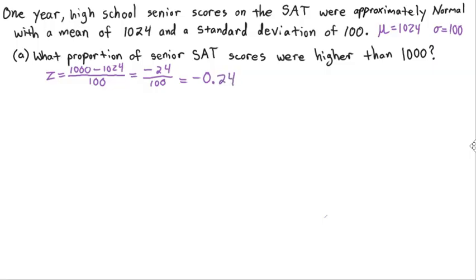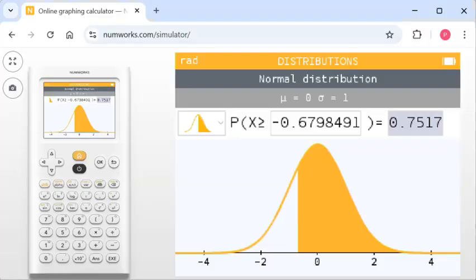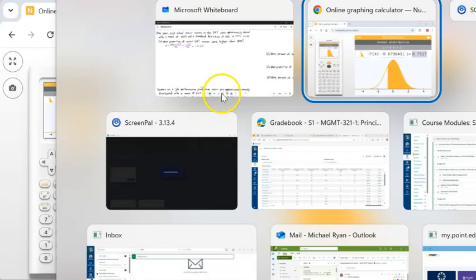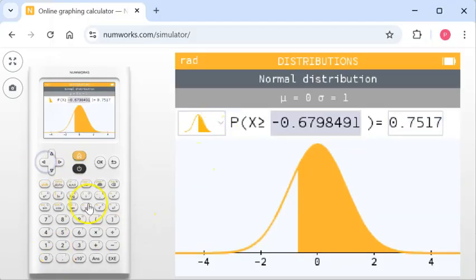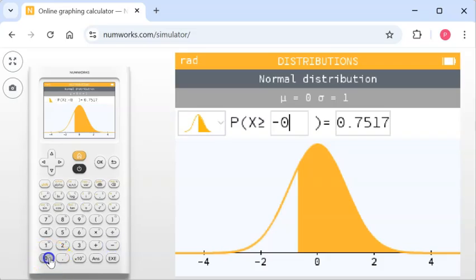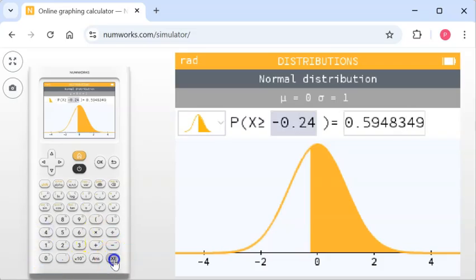Okay, so what this is asking is we want to know what proportion in the standard normal is higher than negative 0.24. Well, we can do that by going over to the NumWorks calculator, and we're already on the higher than, and instead of putting in for a proportion, we're going to put in for a z-score. And our z-score, which will go in right here, is going to be negative 0.24. So let's arrow over here, and we'll put in negative 0.24.